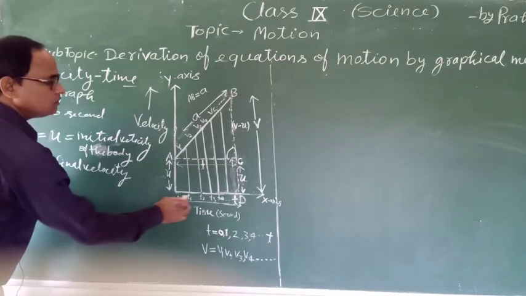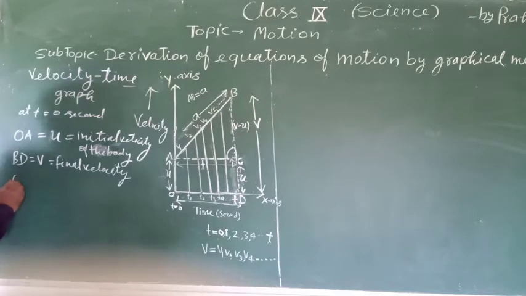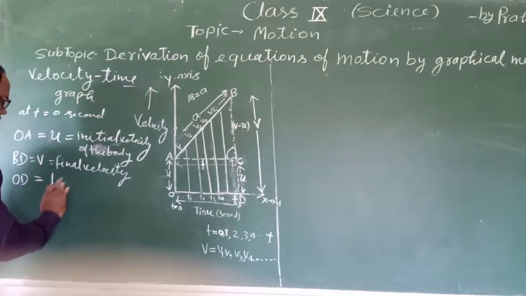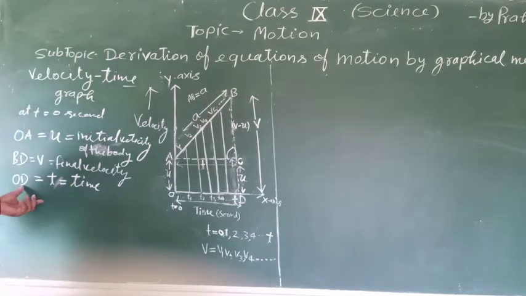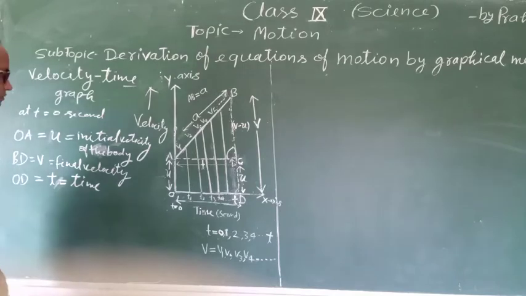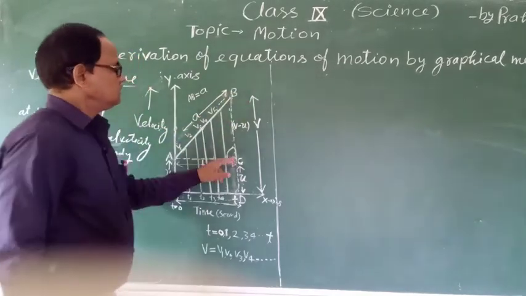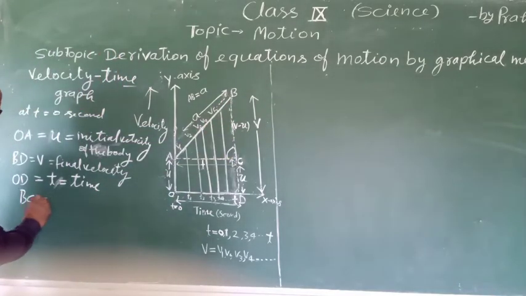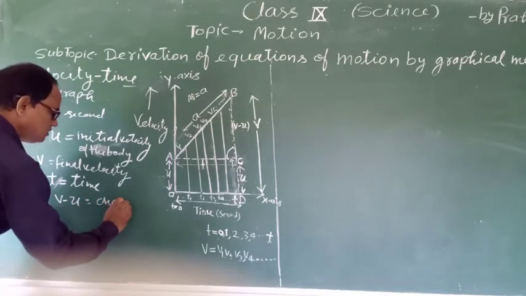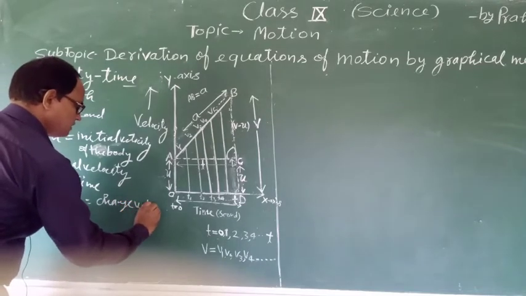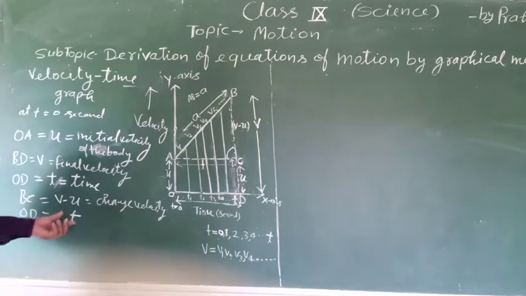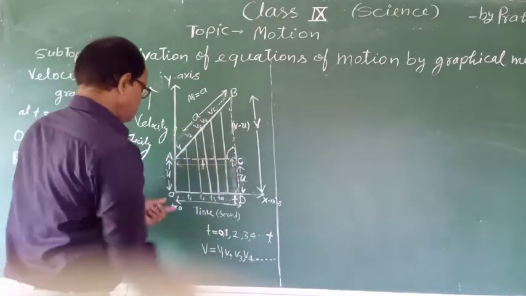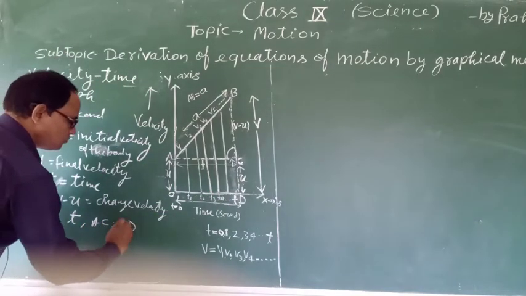Here OD is equal to t, the time taken in changing the velocity. BC is the change in velocity, BC is equal to v minus u, and OD is equal to t. AC is equal to OD, which is equal to t.